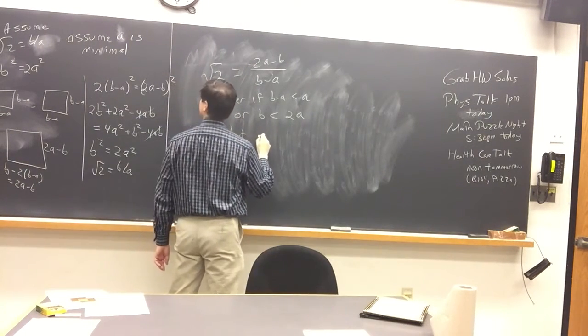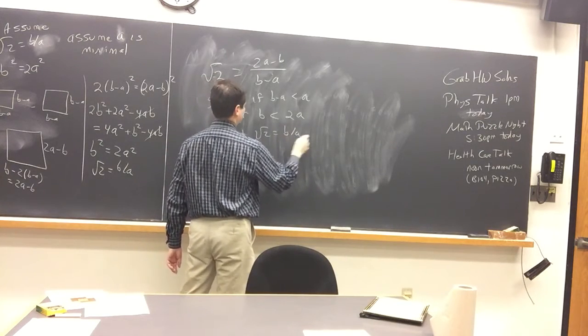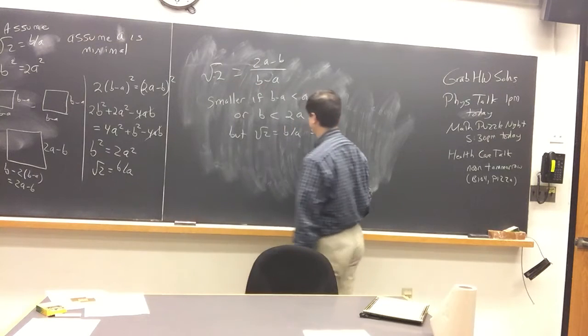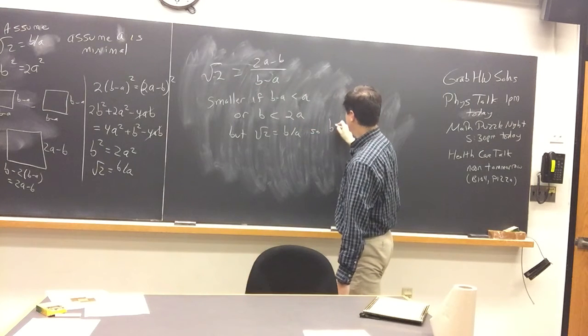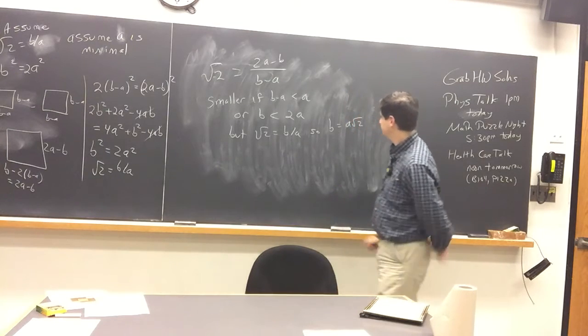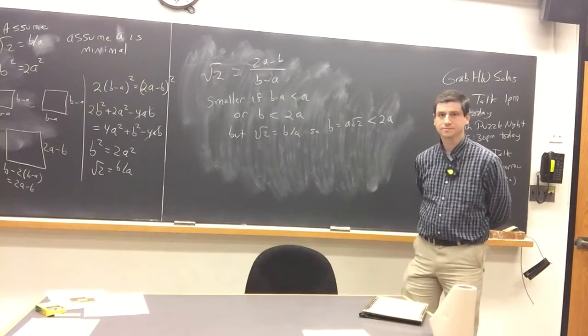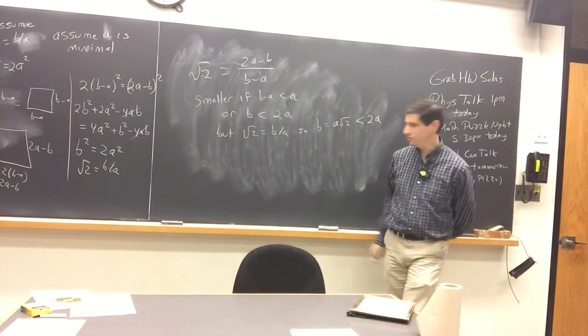But we're assuming the square root of 2 equals b over a. So b is equal to a root 2, which is clearly less than 2a. Contradiction.